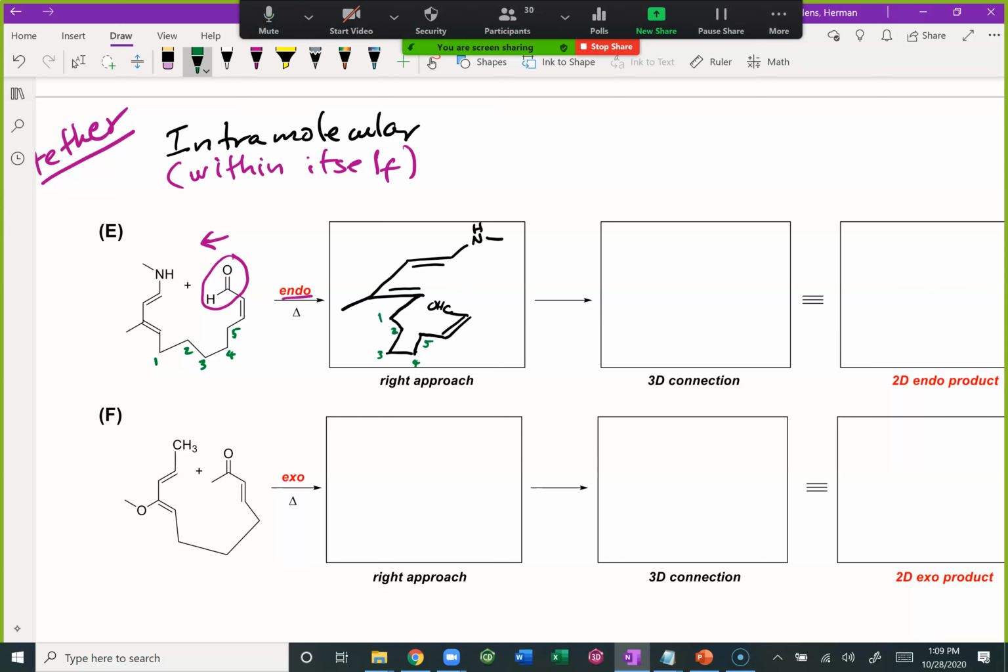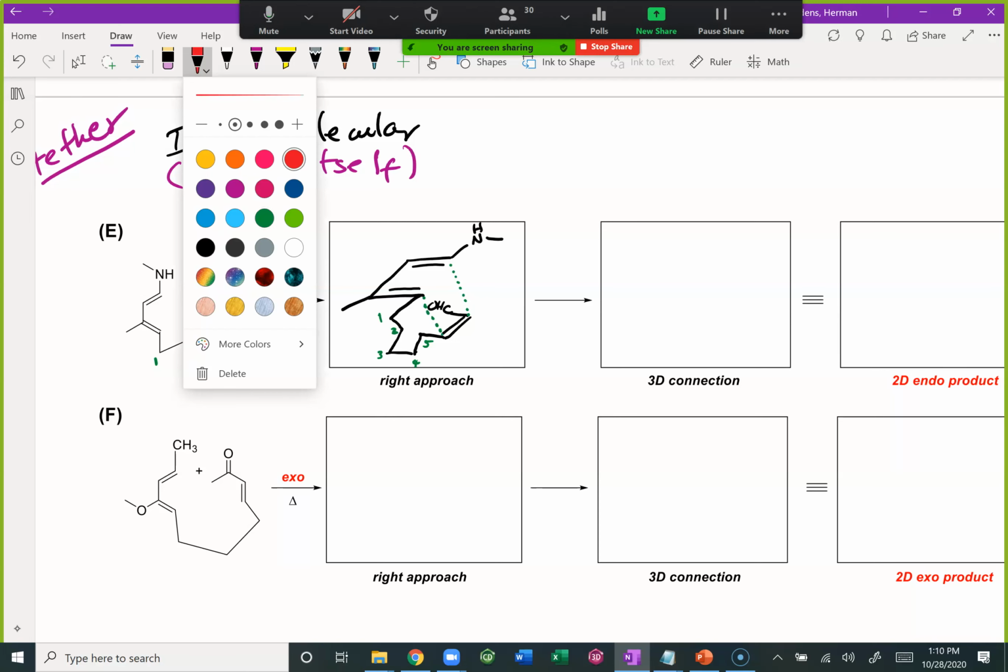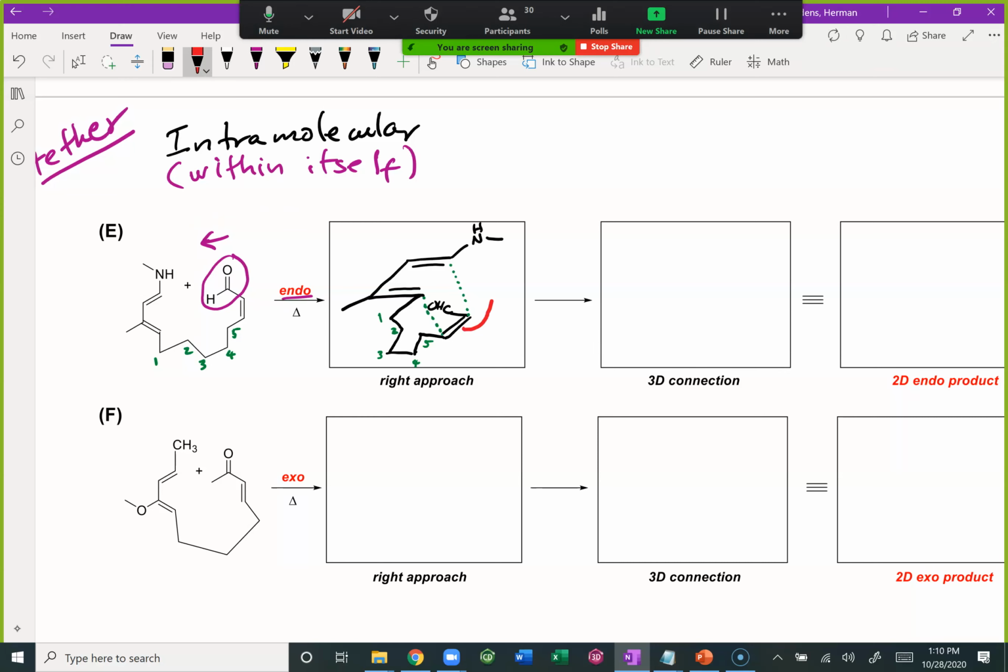And then we're connecting this with this, and that with here. And now you can see the approaches now. This is an endo approach. I'm gonna swing electrons here. This double bond will make that single bond. This double bond will migrate here, and this double bond will make that single bond there.